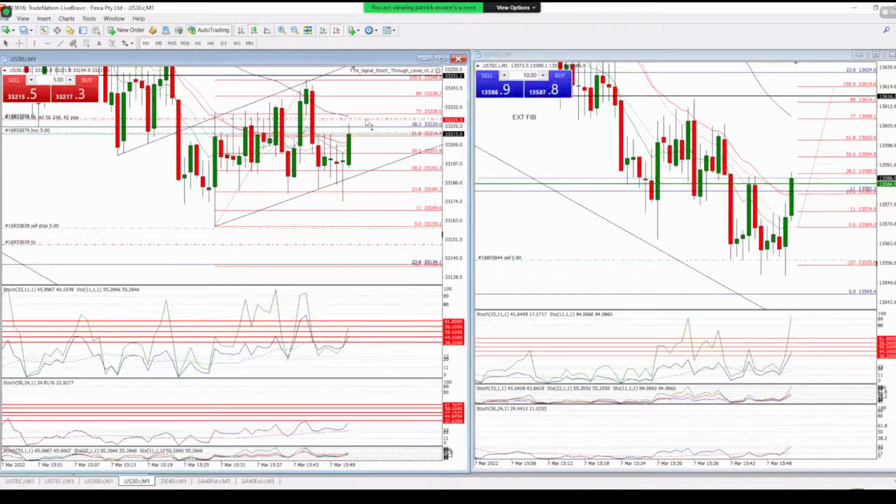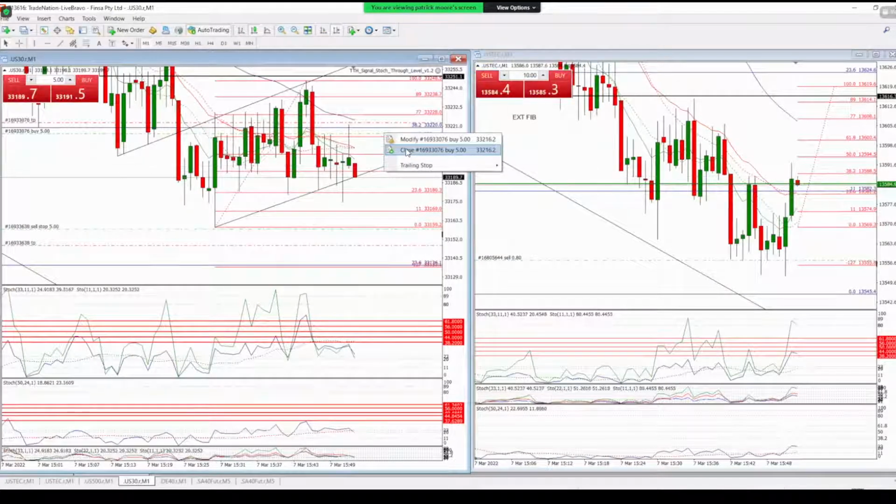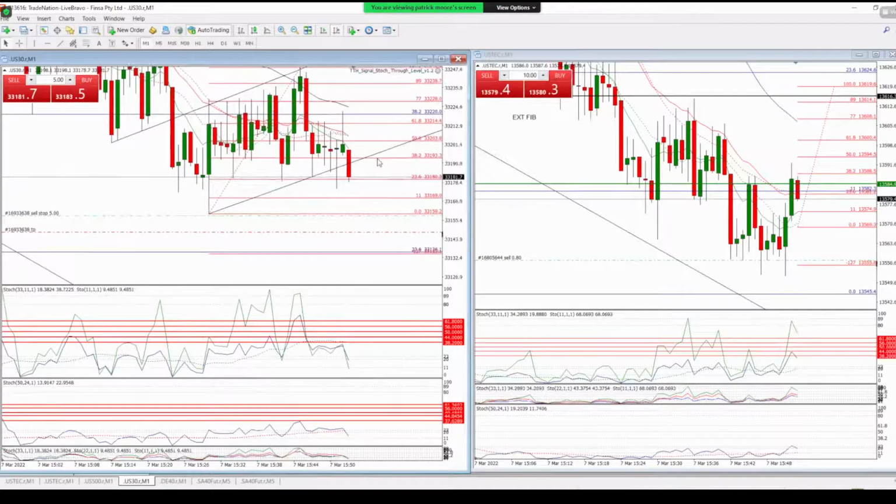.38 can be strong. Let's see what I've got here. I have to stop out.